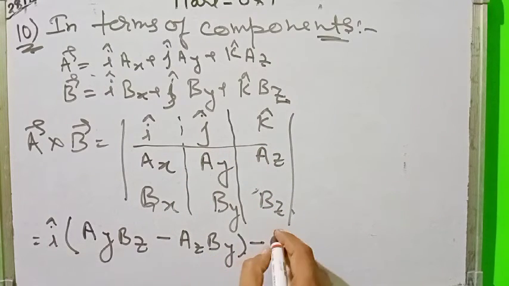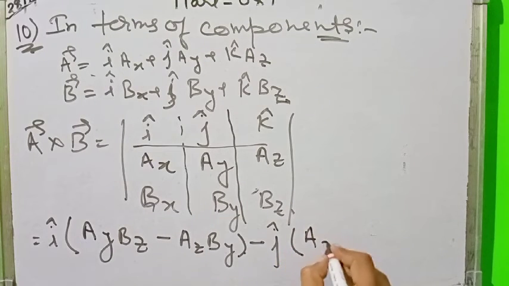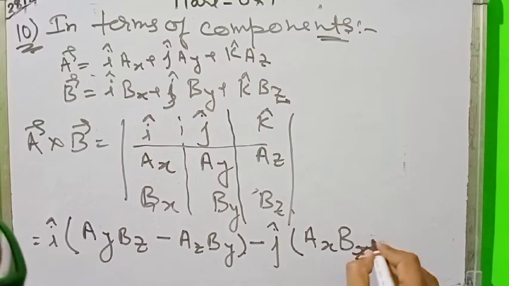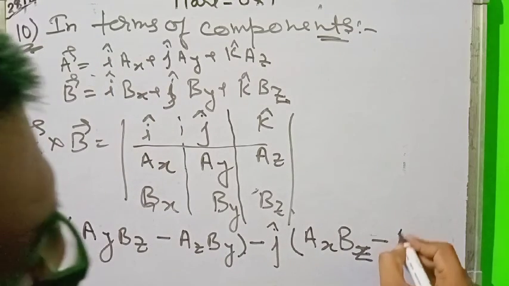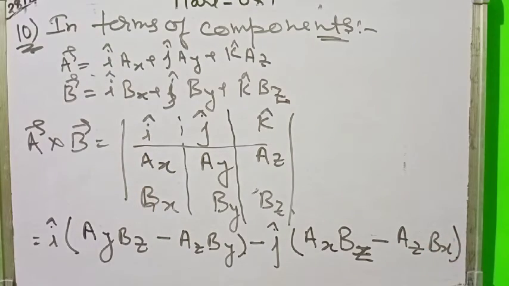Since the first is positive, here it is negative, so we forget this column and this row. Now Ax Bz minus Az Bx, plus k cap.